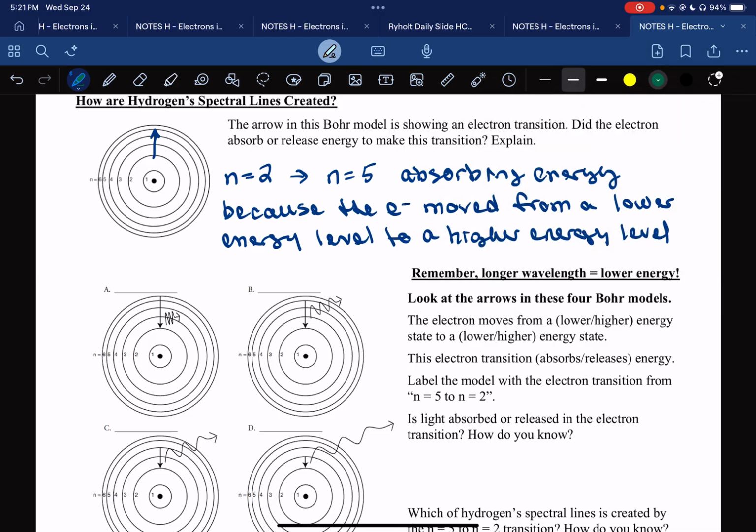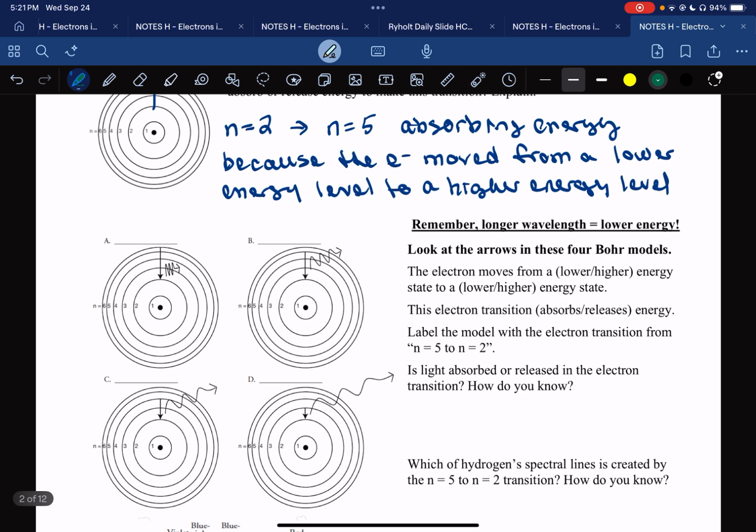Now we're going to go into an opposite scenario. These are still hydrogen Bohr models, but our electron is now starting at a high energy level and moving down, so out to in, if you will. They're all moving like this. It says, look at the arrows in these four Bohr models.